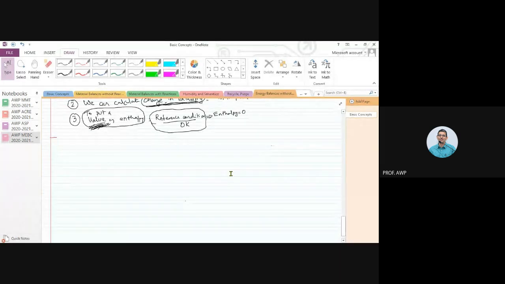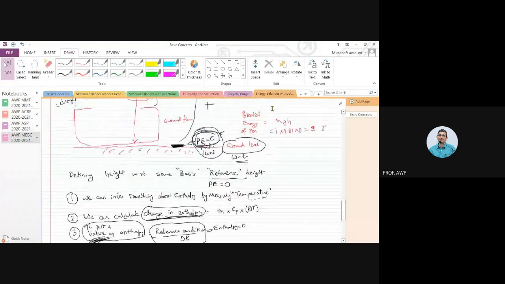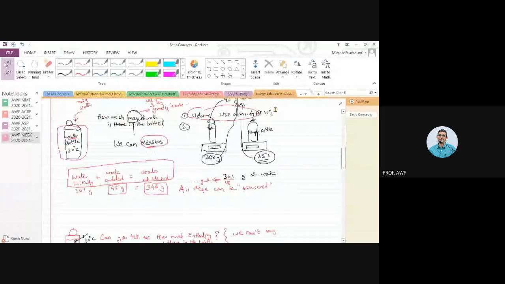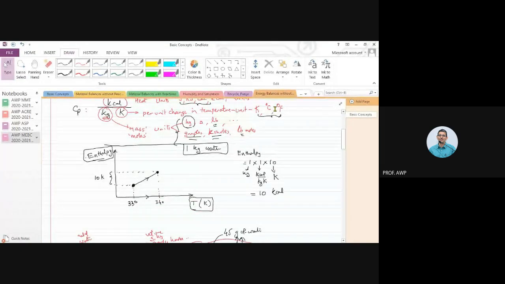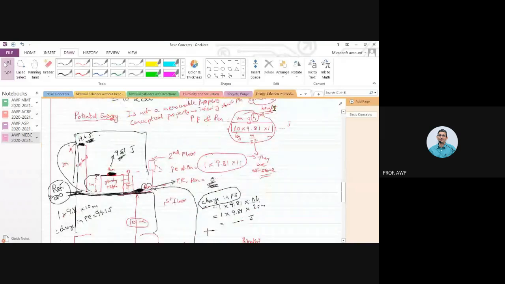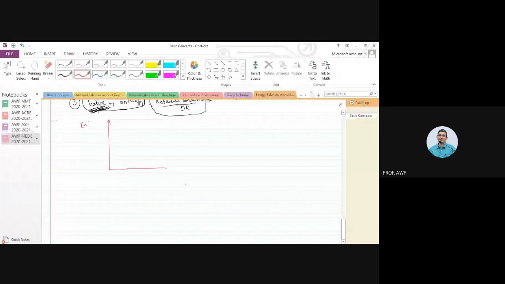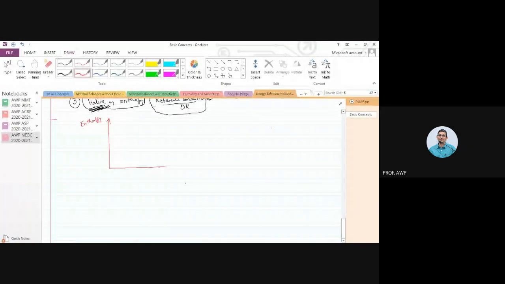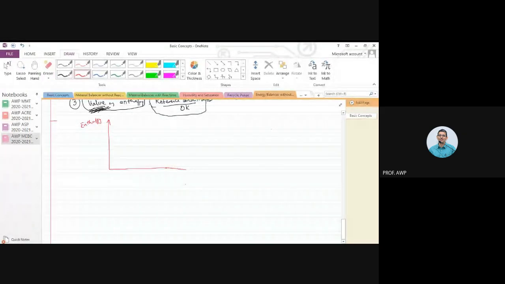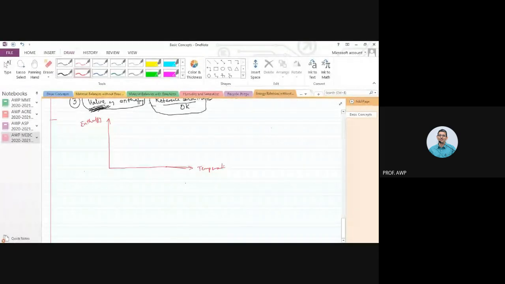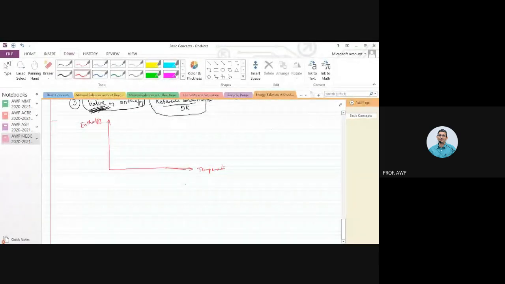Okay, let's start. So suppose we were plotting graphs of enthalpy versus temperature. So what is the origin?